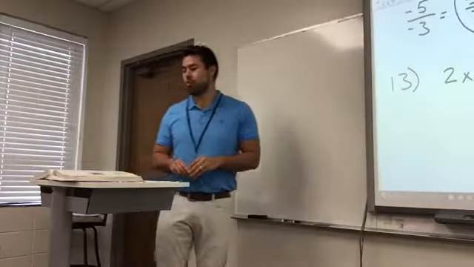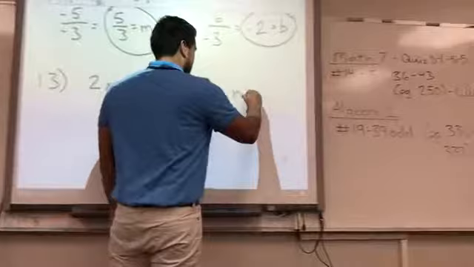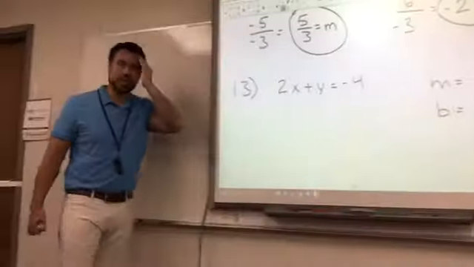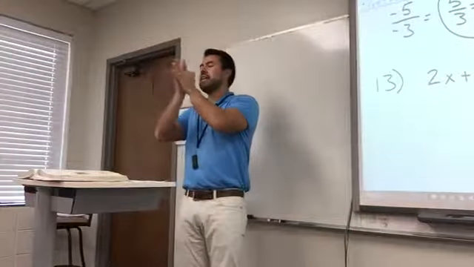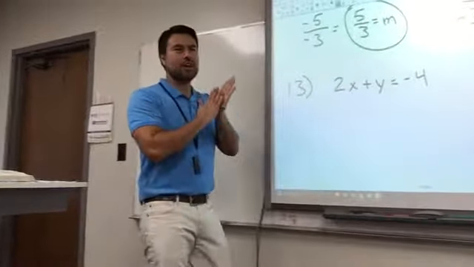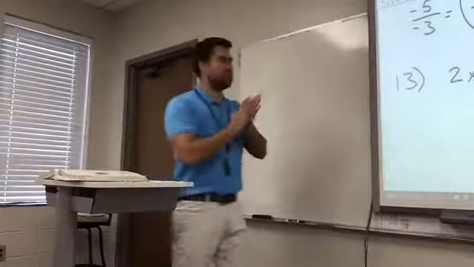I want the slope and y-intercept. I want what m is, and I want what b should be according to the standard form. There are two ways to do it. Solve for y, get it into slope-intercept form, or look at your negative a over b and c over b, and see if you can figure that out.